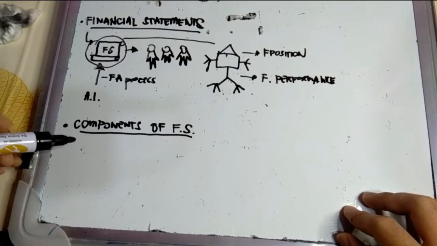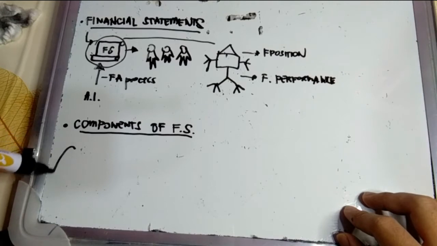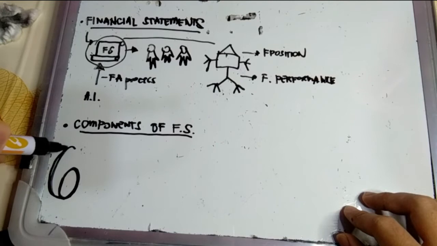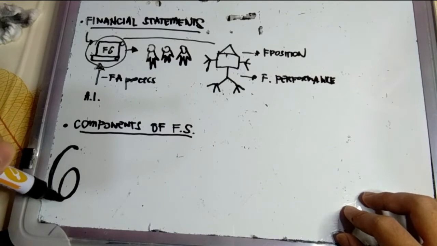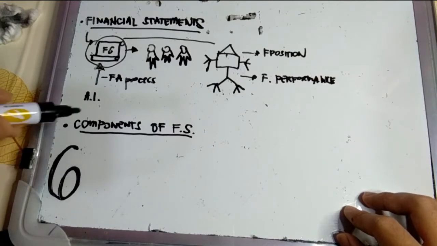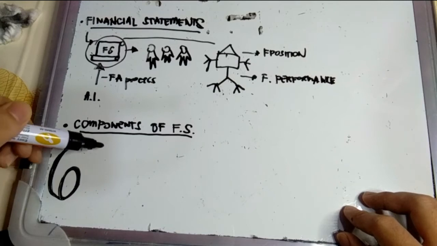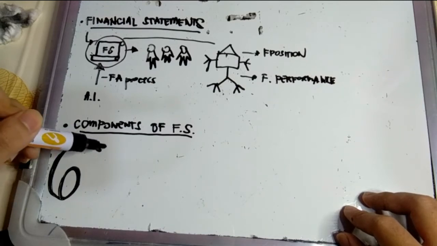So mga bossing, a complete set of financial statements comprises the following components. So meron tayong 6 components of financial statements. So tandaan nyo ha, sa financial accounting, meron tayong 6 components of financial statements. Ang una ay statement of financial position.